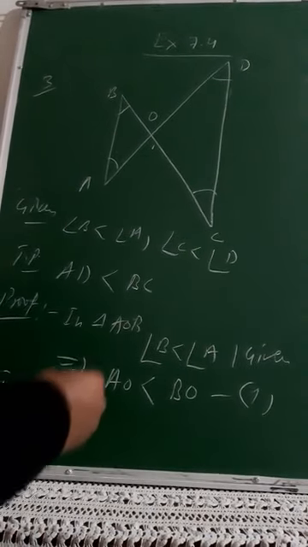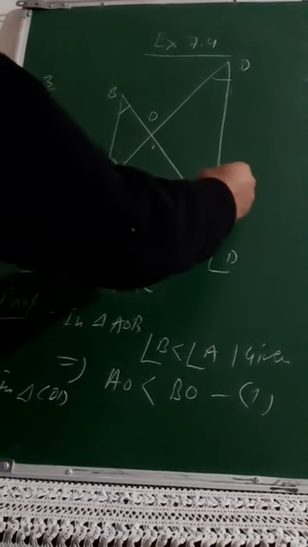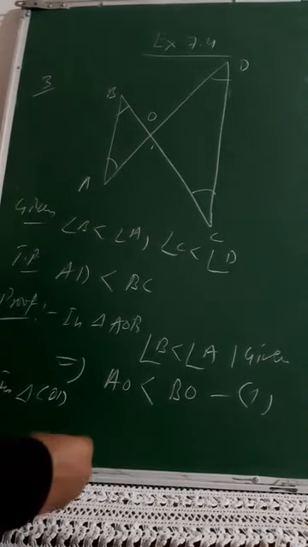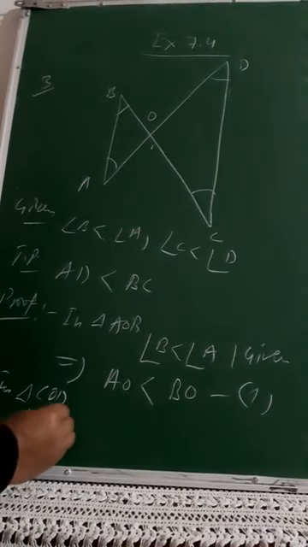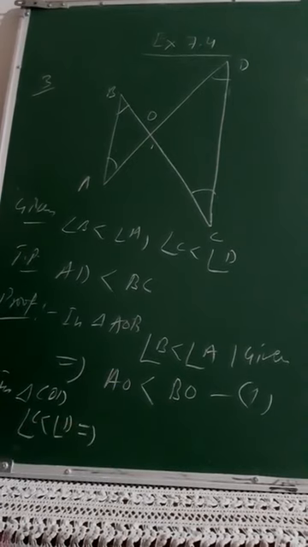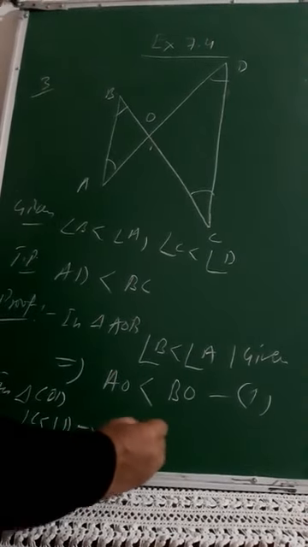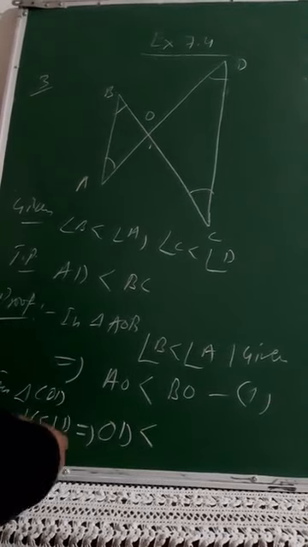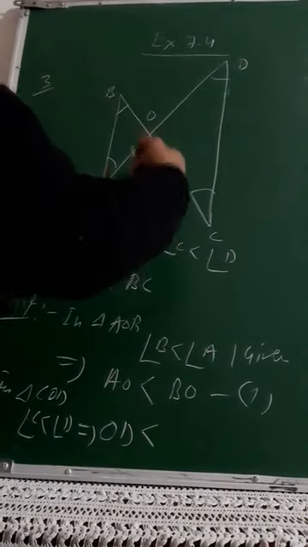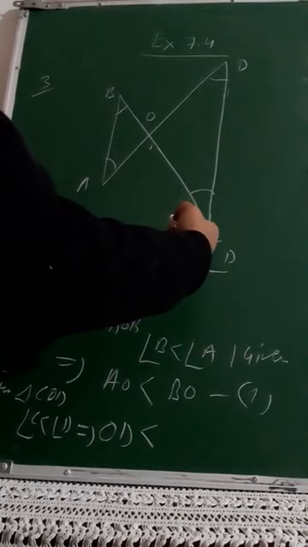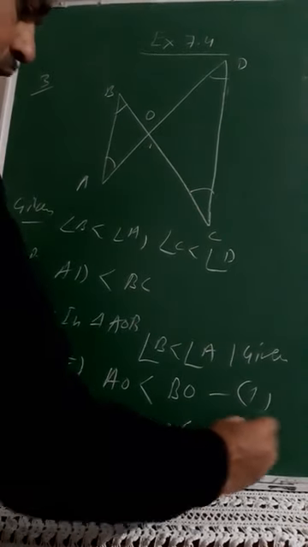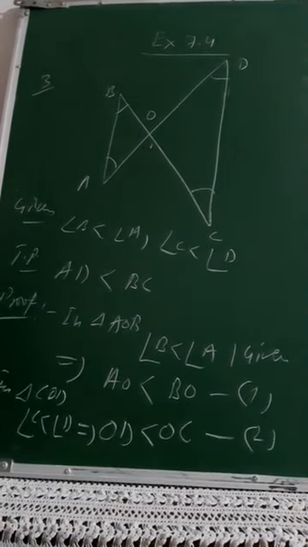Angle C is less than angle D. This implies that the side opposite to C is OD, which is less than the side opposite to D in triangle OCD, which is OC. Take it as number 2.